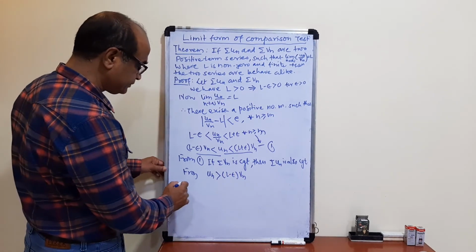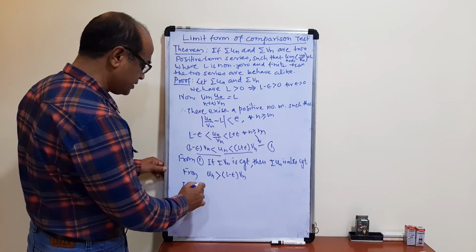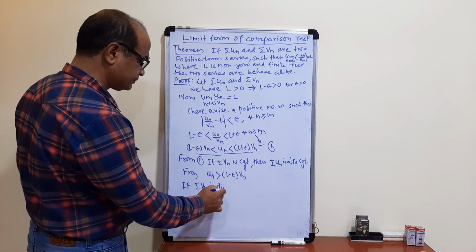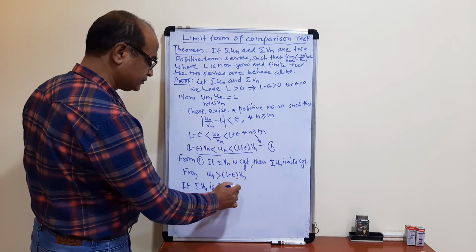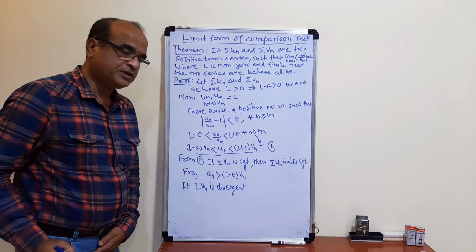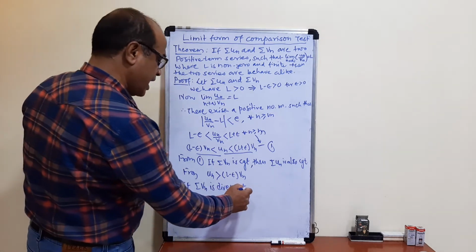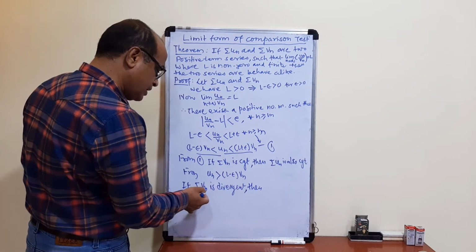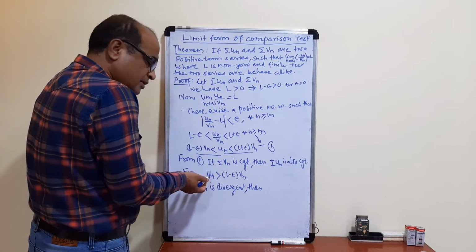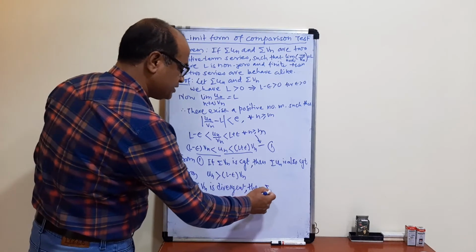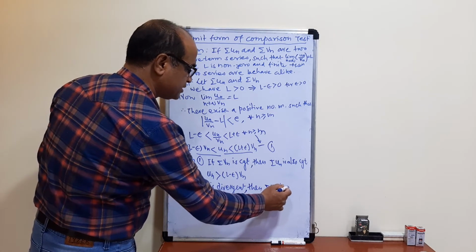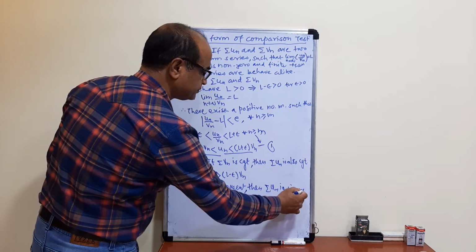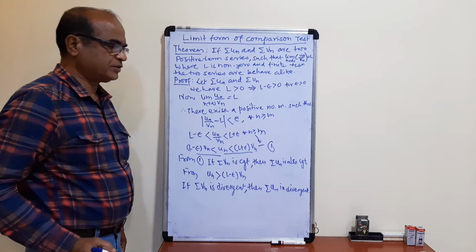If summation vn is divergent, then by using this, the series un is also divergent.